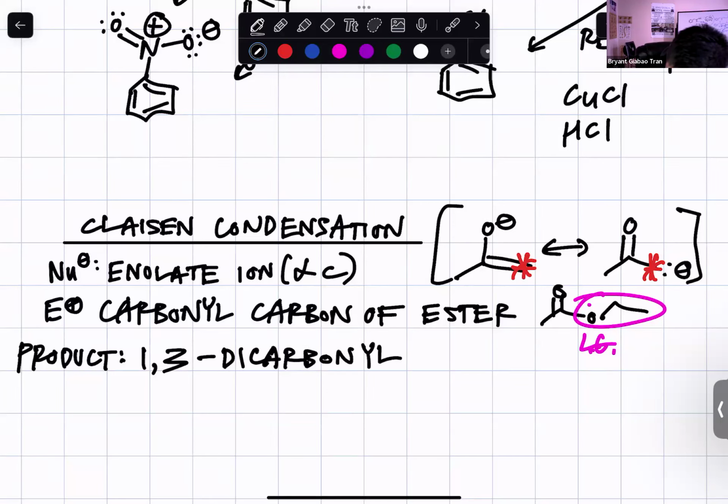Right. Where you will have two carbonyls that have a 1,3 relationship with each other. 1, 2, 3, like that.